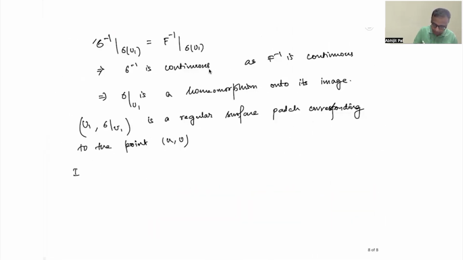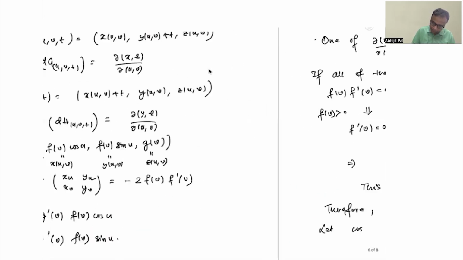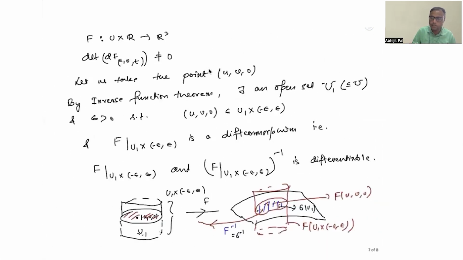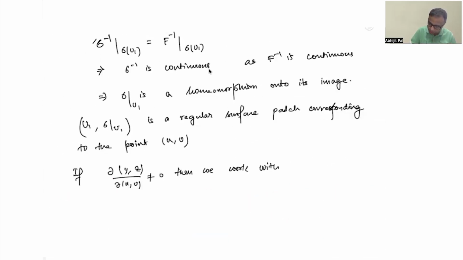And if del yz del ub is not equal to 0, then we work with this map H. The determinant of the differential of H will be not equal to 0, and we get a similar thing: we get a regular surface patch.